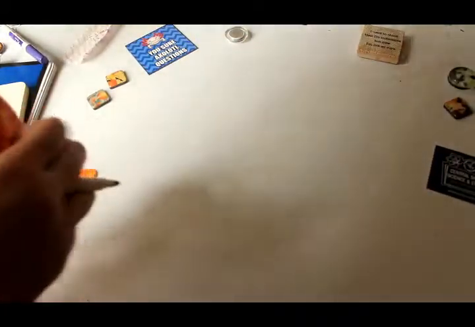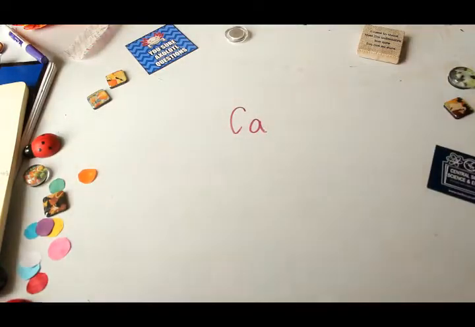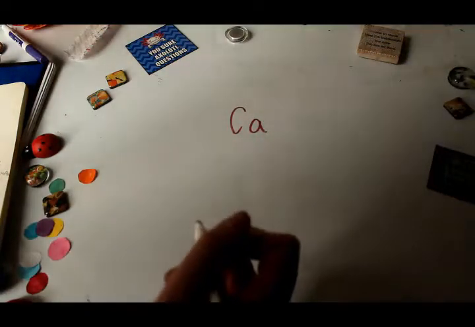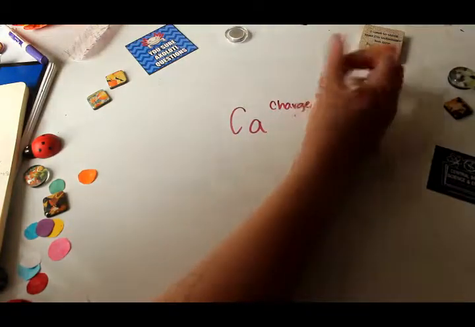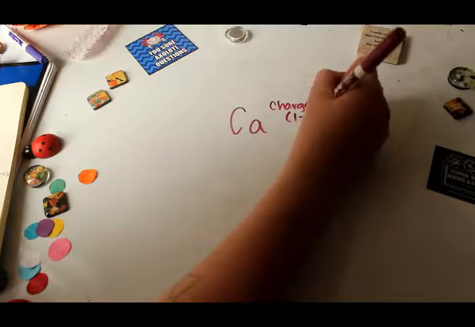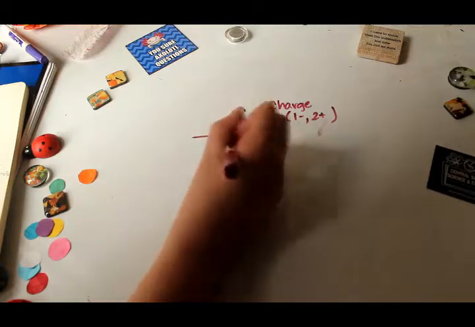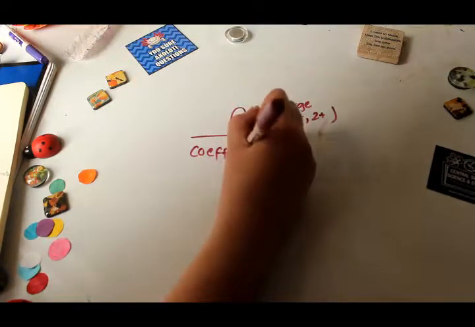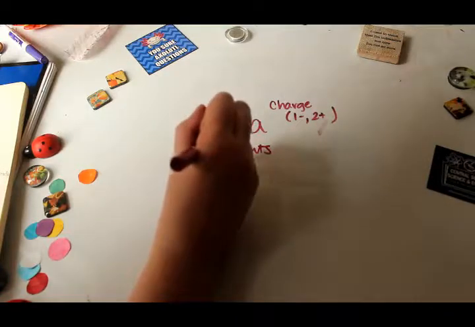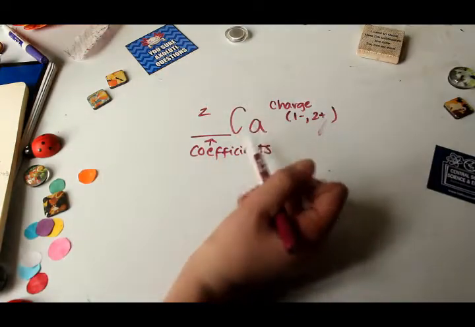Alrighty, hopefully that makes sense. Just as a last note, when you're writing with ions or things like that, cations or anions, your charge goes up here. Things like 1 minus, 2 plus, things like that. Your coefficients go here if they're standing alone. You need 2 moles of calcium in an equation.